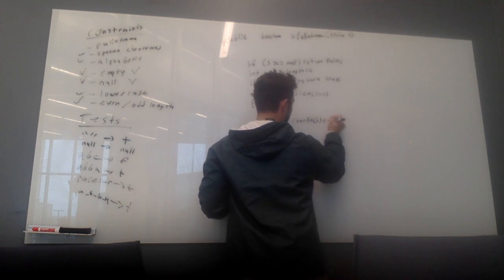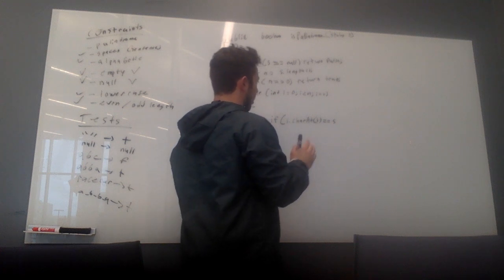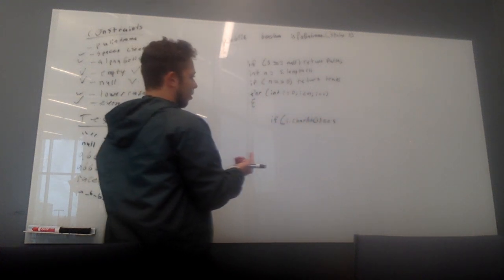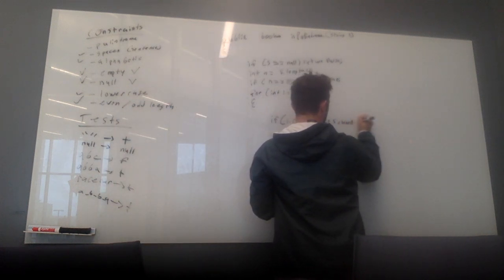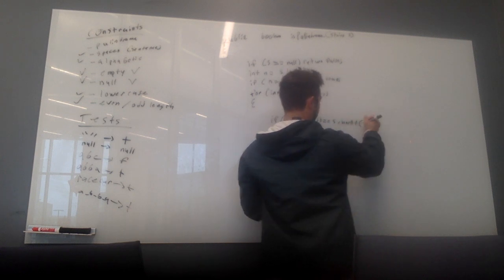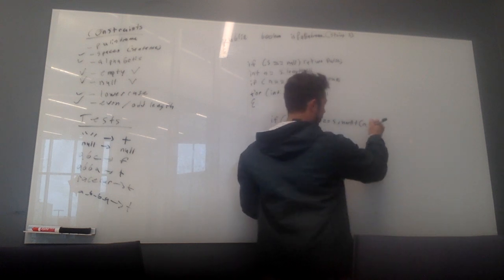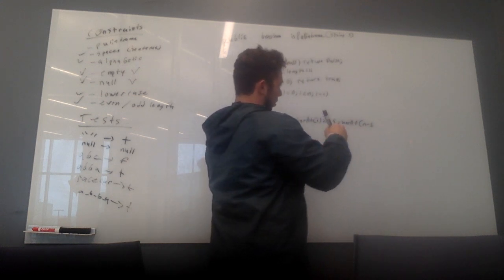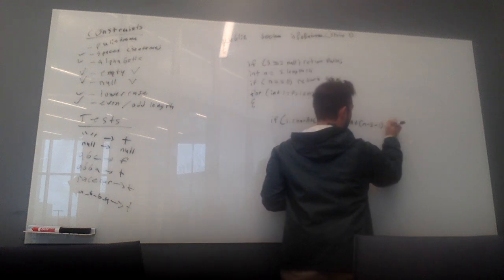Now I need to get the character at the end that's also moving inward, which is a little bit more tricky. So I need to go to the end first, with s dot charAt, n minus 1 for the index. And if this pointer is going right, then likewise, that's the offset, so I subtract the same offset.